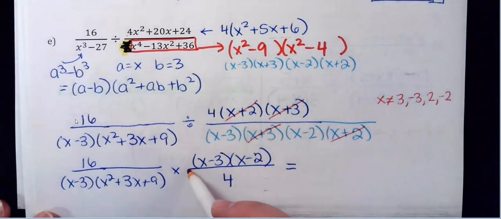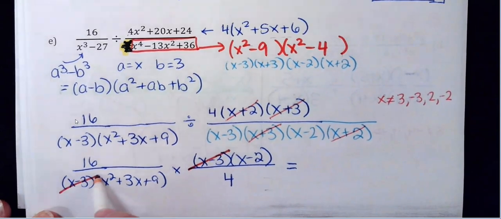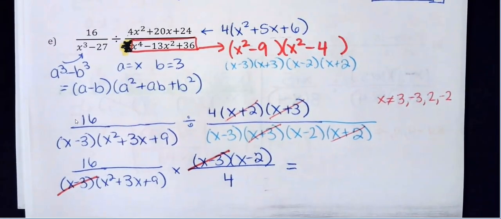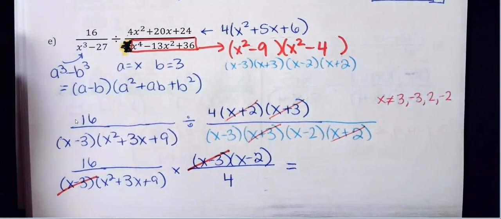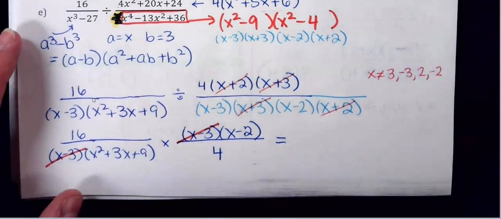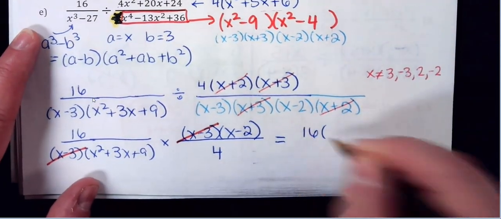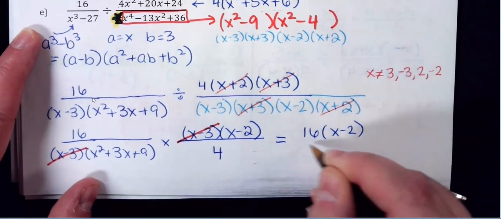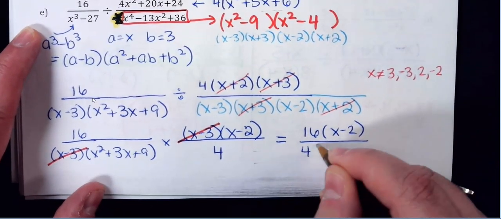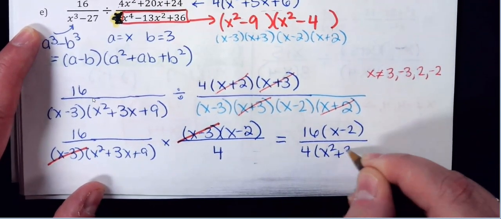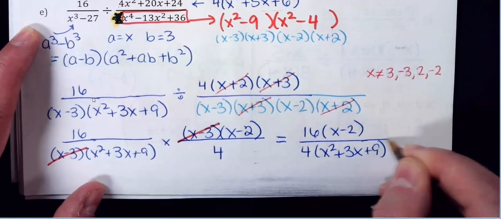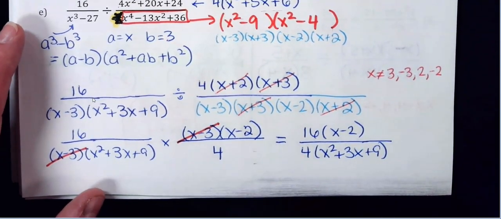So we'll see if anything else will cross out. I can cross out the x minus 3's here. And I'm going to write this out, but if you want to skip this step, you can. So I'm going to write on the top 16 times x minus 2. On the bottom, I'm going to write 4, x squared plus 3x plus 9. And I can do one more thing there.